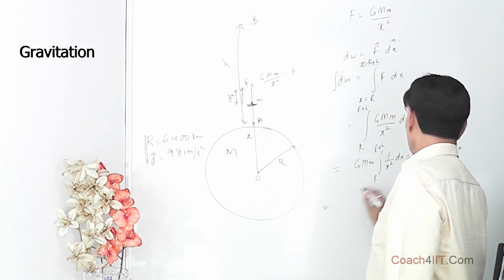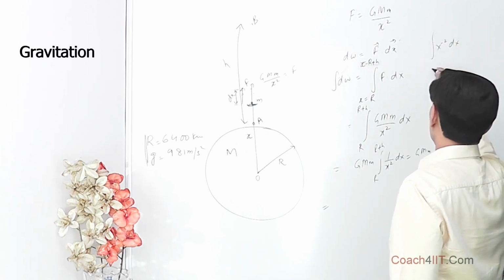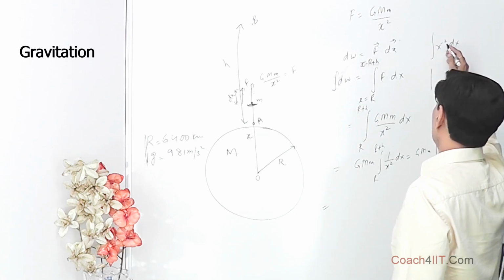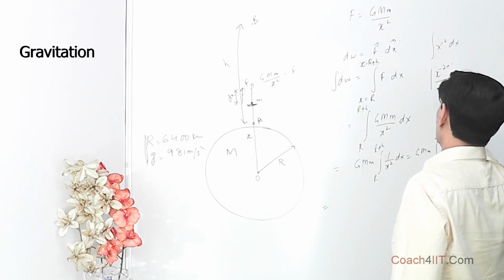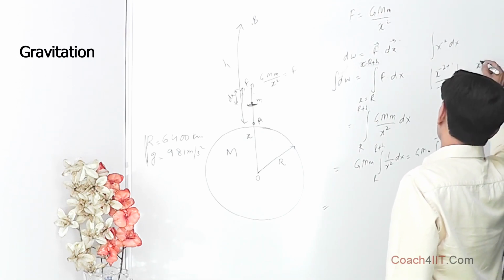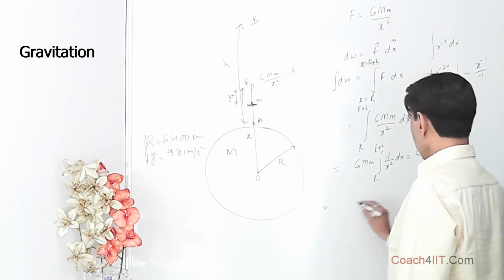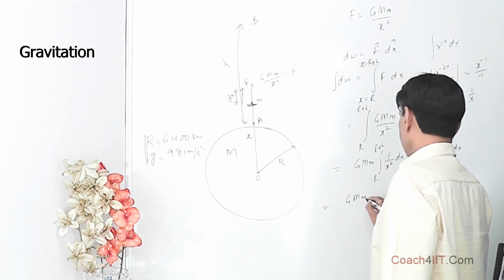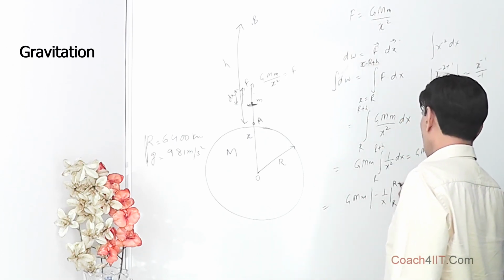We know the integral of x to the power minus 2 dx is, raise the power by 1 and the raised power comes in the denominator, so it is x to the power minus 1 by minus 1, which is minus 1 by x. So this comes out to be GMm times minus 1 by x from r to r plus h.